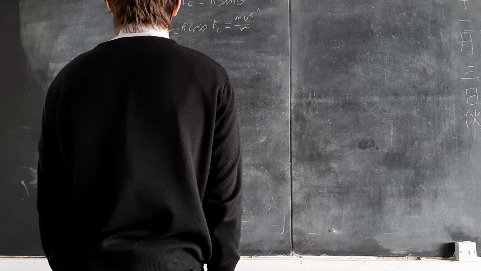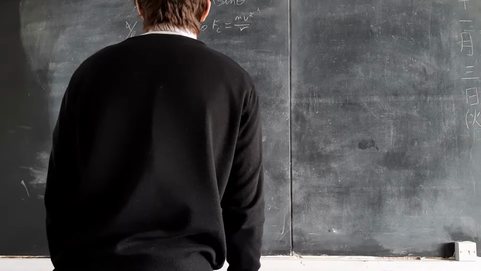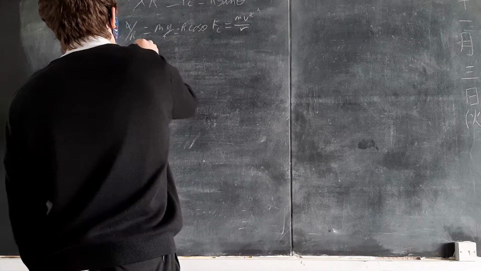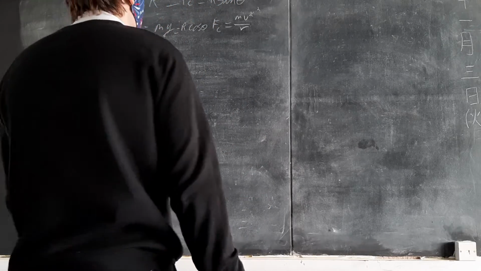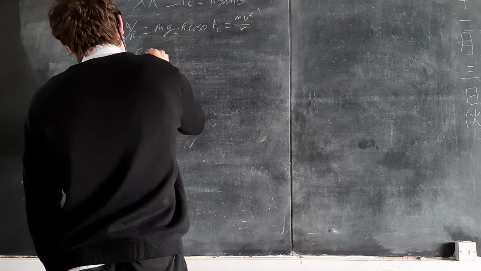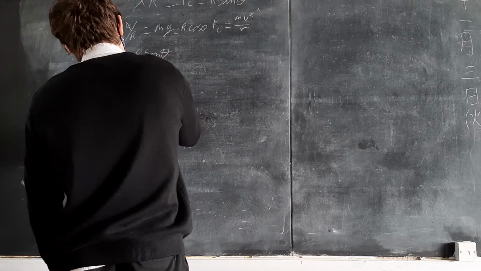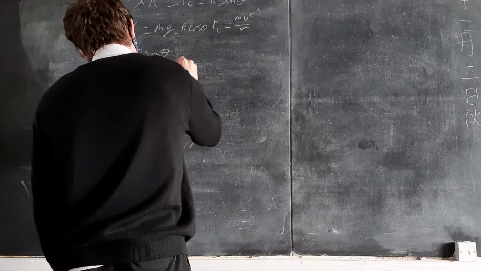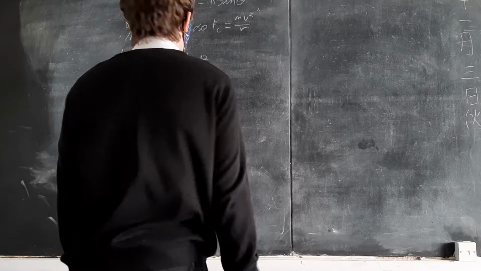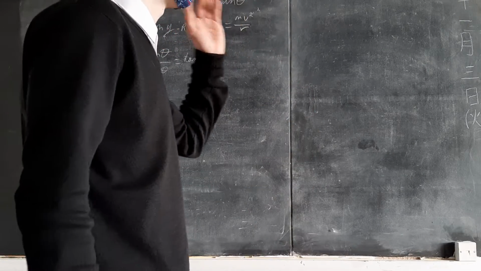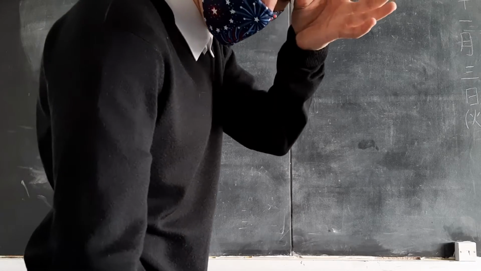And then we can do some lovely division. X over R, and we get, ta-da, surprise, surprise, R sine over R cos. This is equal to tan theta. If people can remember, sine over cos is tan.